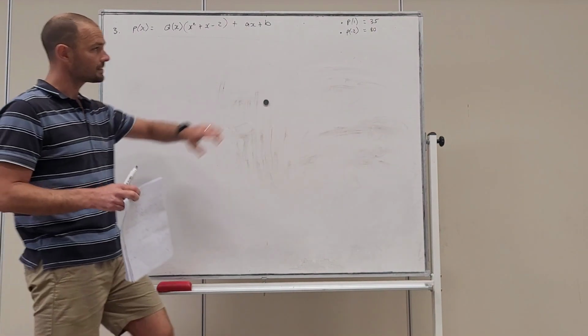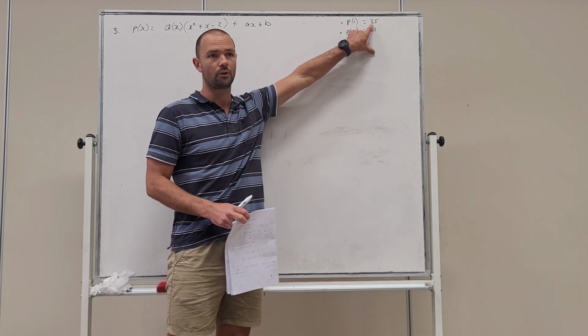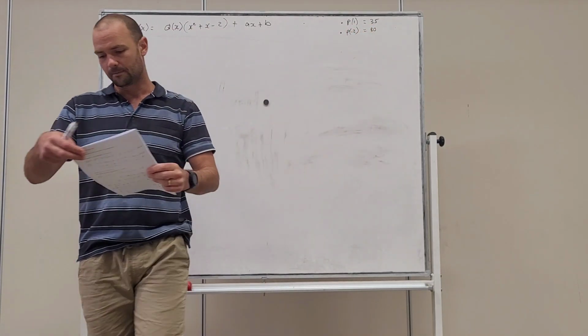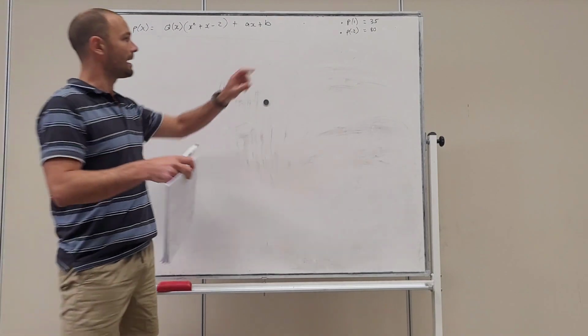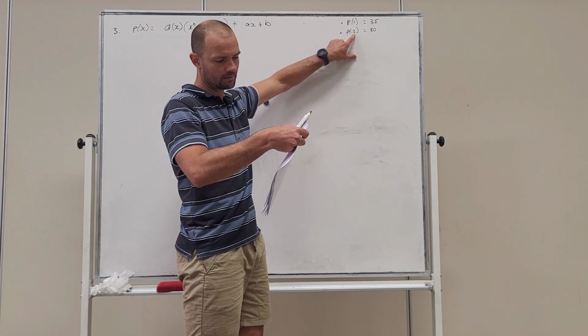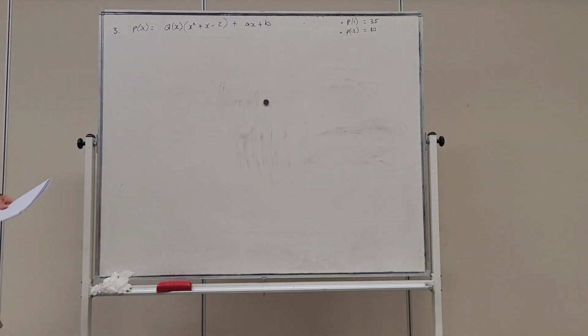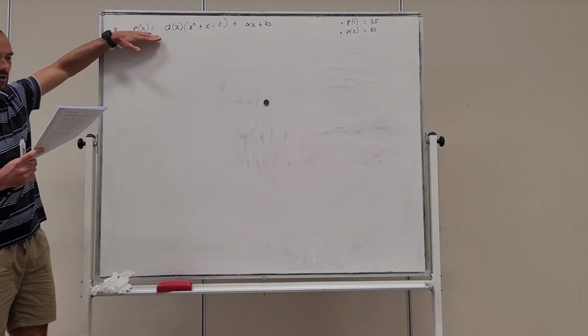So I've abstracted that information: P of 1 will equal 35. When it's divided by x plus 2, the remainder is 80. So P of minus 2, the root of x plus 2, will give us the 80. So they're the two pieces of information we're going to use first.